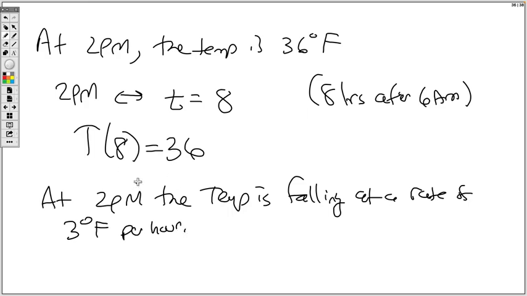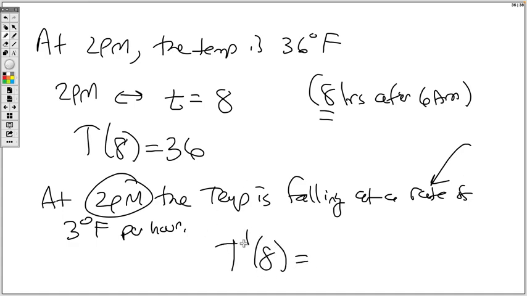So at 2 p.m., that's the same time I had before, so little t is 8. But now they're telling us about a what? A rate. That means they're talking about the derivative. So T prime of 8 would be what? Negative 3. The negative because it's falling, and the 3 is the rate of change, 3 degrees per hour.